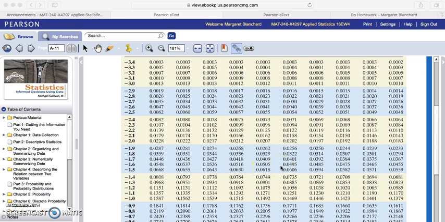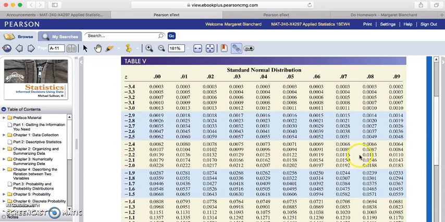This is the exact example that I had in the announcement from a previous module. So we have negative 1.6. We know that's the beginning, and these two fall right in between 0.04 and 0.05. So then we know that our critical value is negative 1.645.